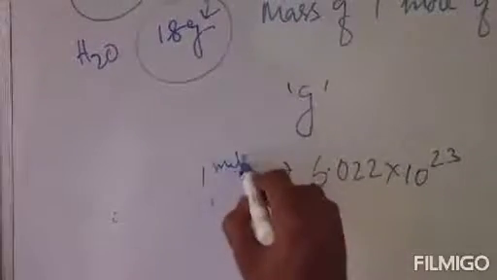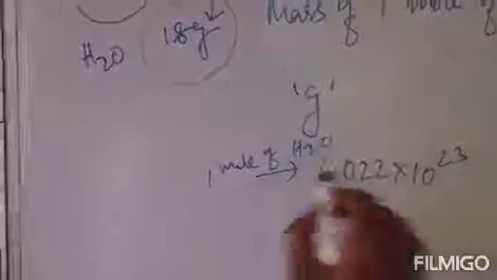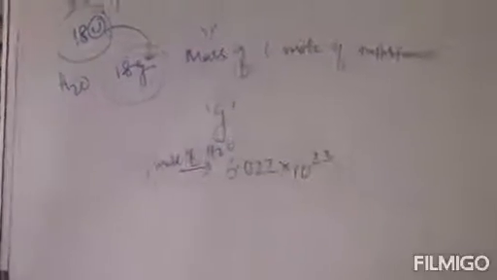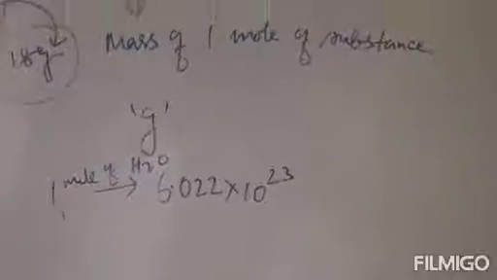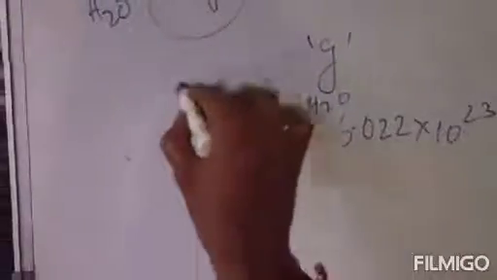In 1 mole of water, the number of particles or number of H2O molecules will be the Avogadro number, that means 6.022 × 10^23. Now this 1 mole of water is actually 18 gram.